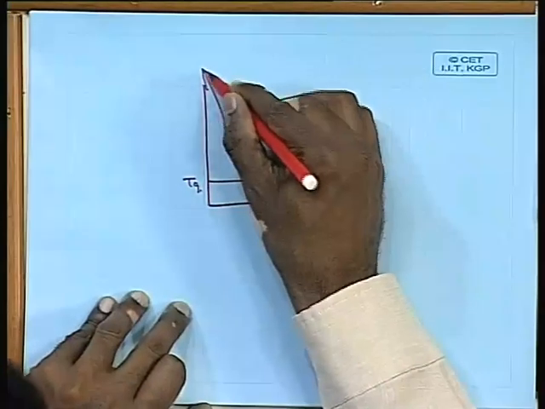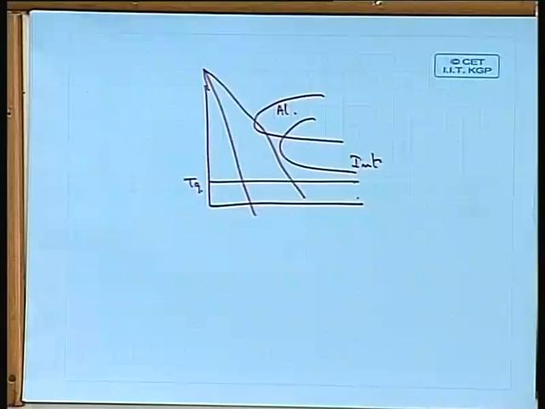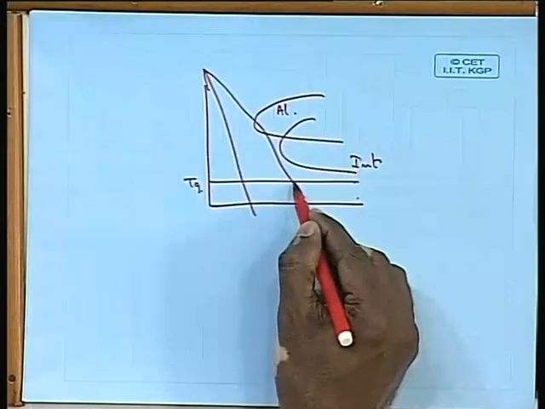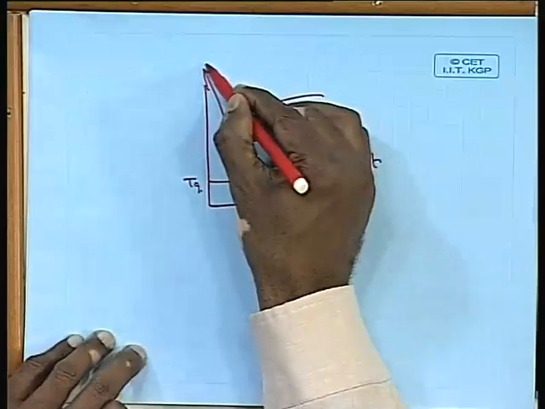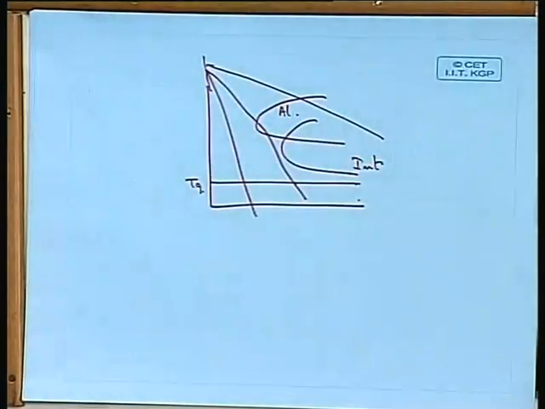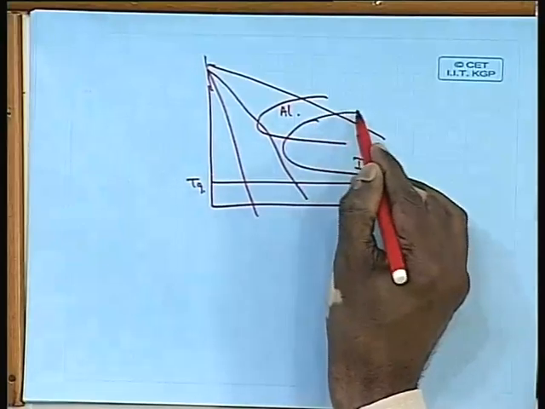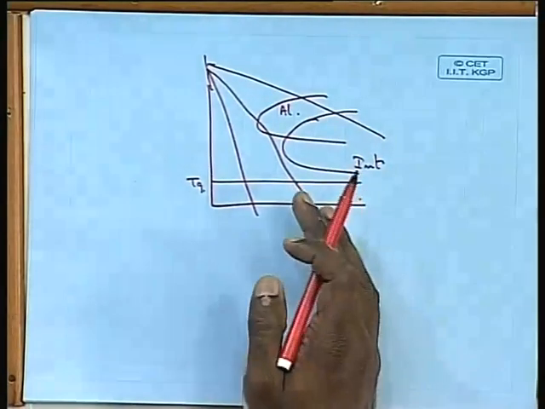If you try to cool it at an intermediate rate, you get aluminum, and whatever is left out will give you a glass. And if you cool it very slowly, you get a crystalline aluminum plus some intermetallic compounds, whatever crystalline intermetallic compounds. So similarly, you can see intermetallics always are below and to the right in the TTT diagram.